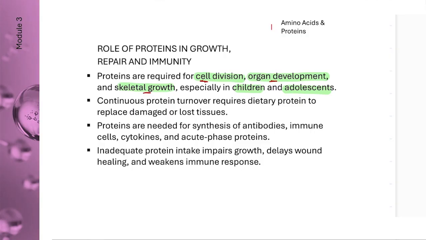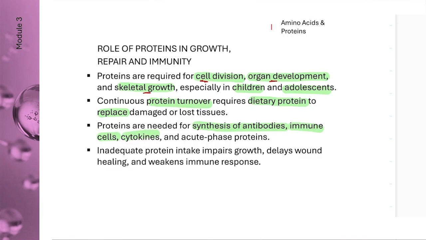They're even more important because there's a high turnover for those proteins, and because they're constantly being used for this development, they need to be replaced in the diet to replace damaged tissues. Also proteins are needed for the synthesis of antibodies in the immune system. So it's part of the turnover. Proteins are needed for cytokine development, so they really need to be in the diet.